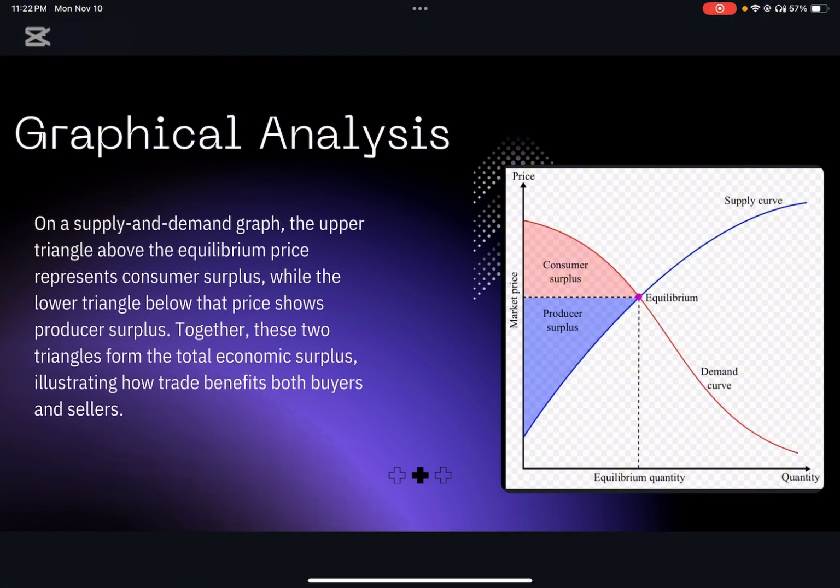The triangle above the equilibrium price is consumer surplus, and the one below it is producer surplus. Together they form the total economic surplus, which represents the total gain from trade, both sides winning from voluntary exchange.